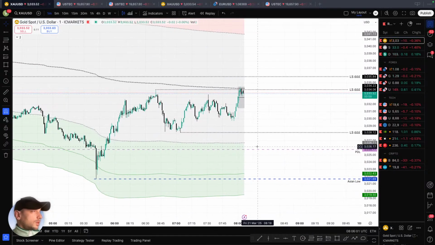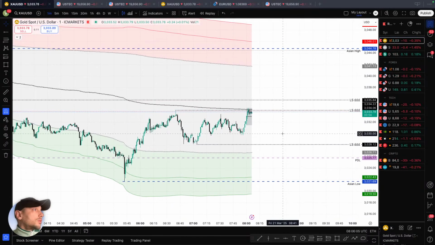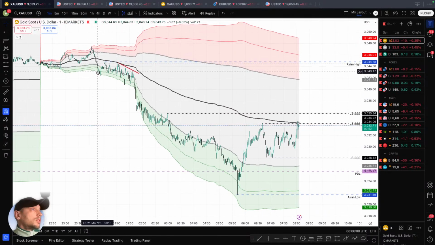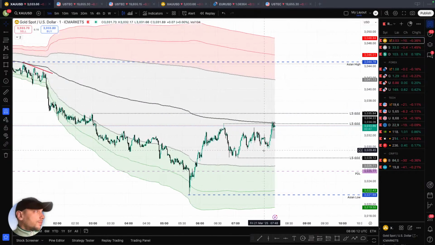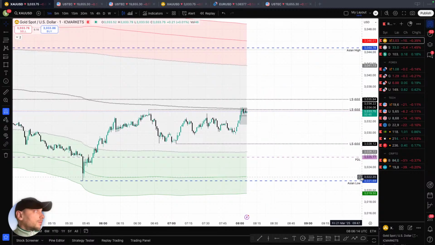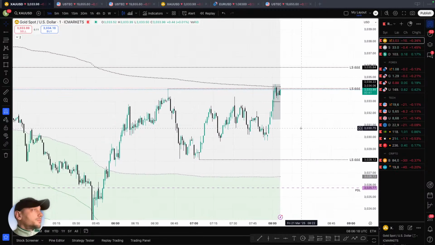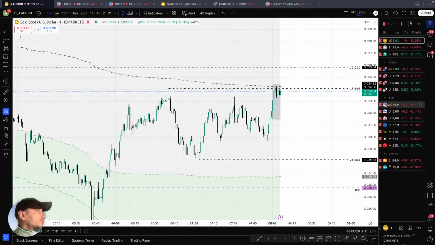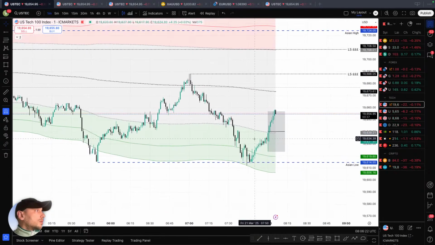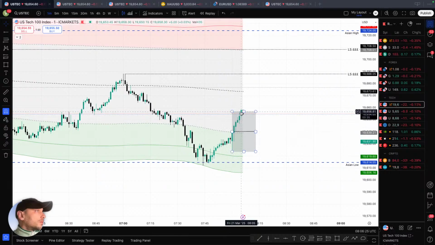Because gold has good targets either down and up. There's been really strong push down, 10 ticks. Right. So we have close here.